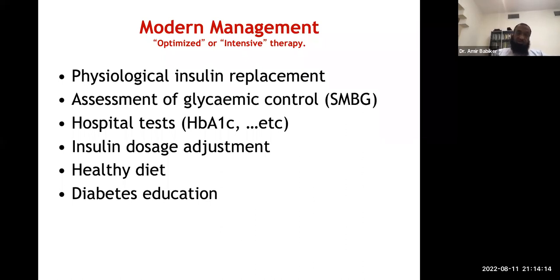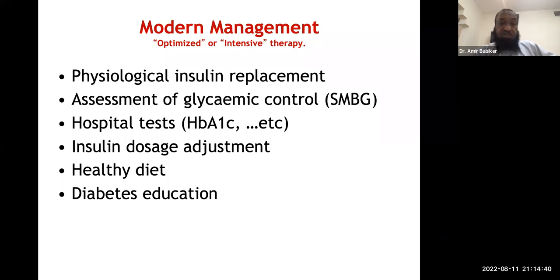So let us talk a little bit about what is called intensive or optimized insulin therapy in diabetics. You need to mimic the physiological insulin replacement in patients and assess glycemic control by self-monitoring of blood glucose and hospital testing on a periodic basis, such as A1C.